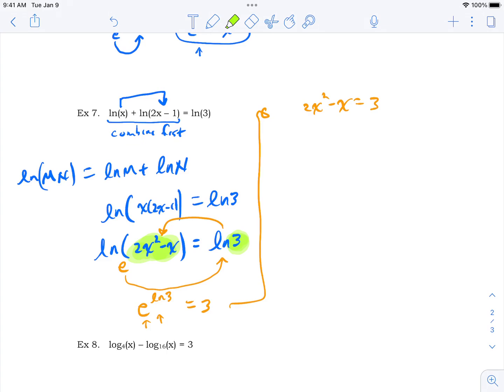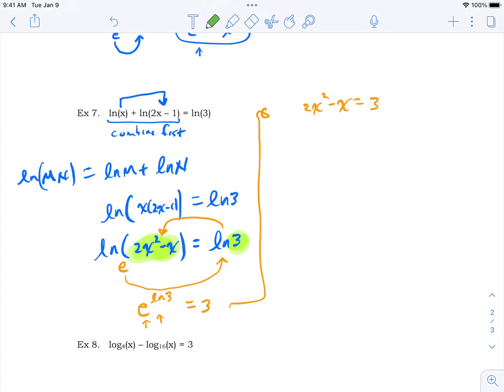The 2x squared minus x must be the 3. It has to be. You could almost picture somebody starting with this equation and then deciding they wanted to take the log of both sides, right? So anyway, if you spot that right away, it'll save you some time.